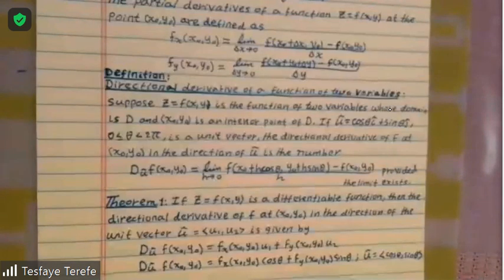That unit vector is given by trigonometric functions. The x component will be cosine, the y component will be sine. Of course, you are aware of that.